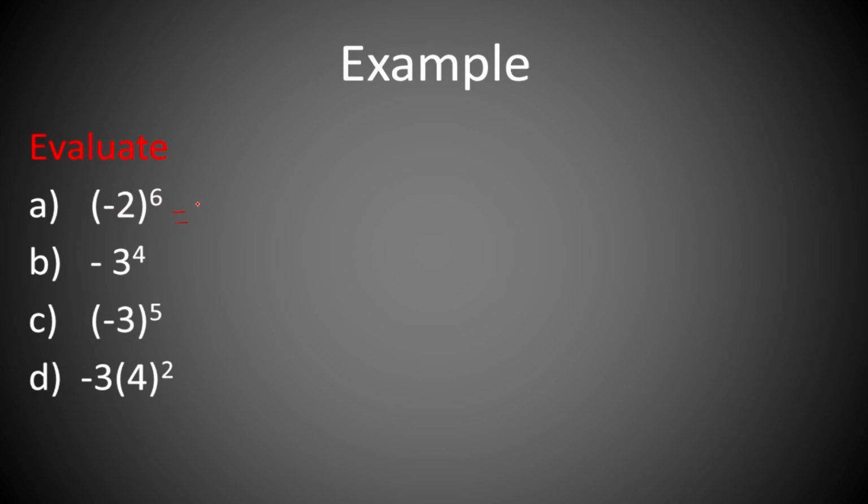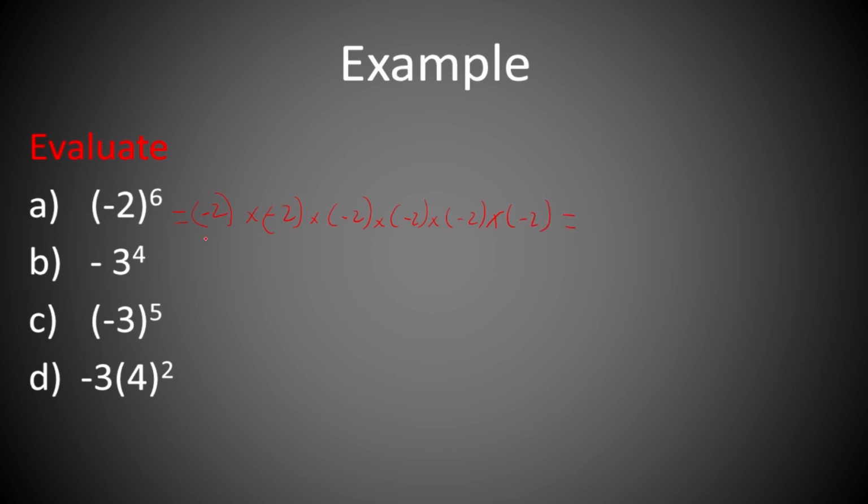And we know that a negative number times a negative number is positive. So to expand: negative 2 times negative 2 times negative 2 times negative 2 times negative 2, that's 1, 2, 3, 4, 5, and we have 1 more times negative 2.